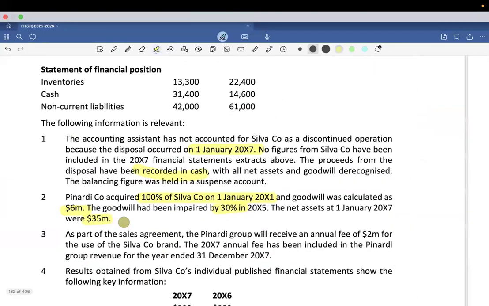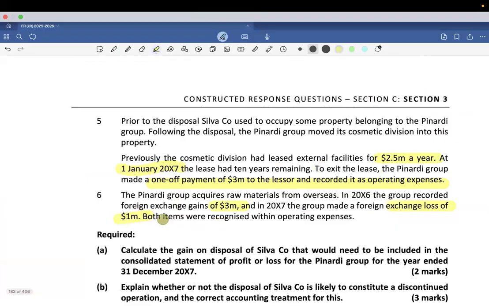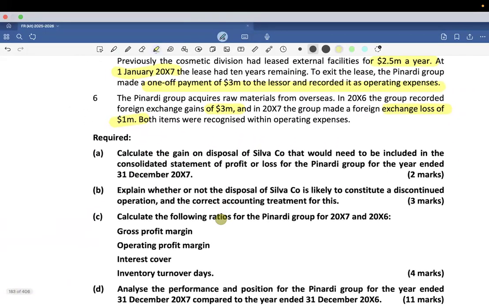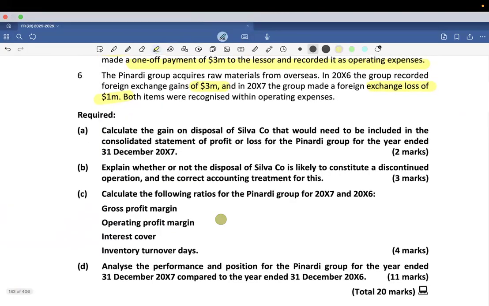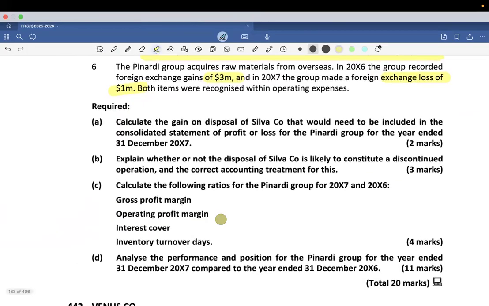Now, next question is on the explanation. Explain whether or not the disposal of Silva Company is likely to constitute a discontinued operation and correct the accounting treatment for this.